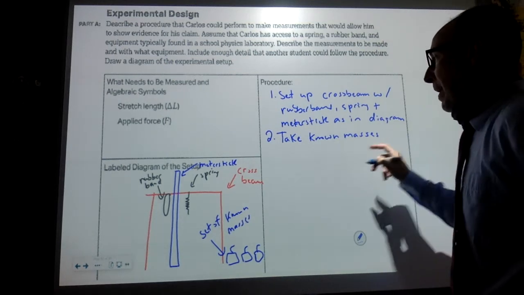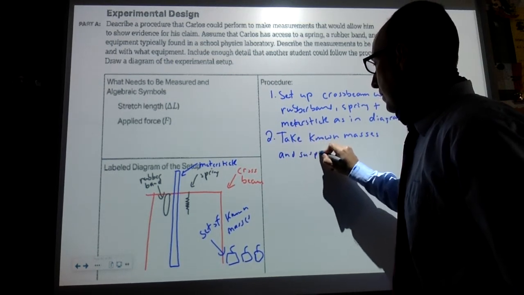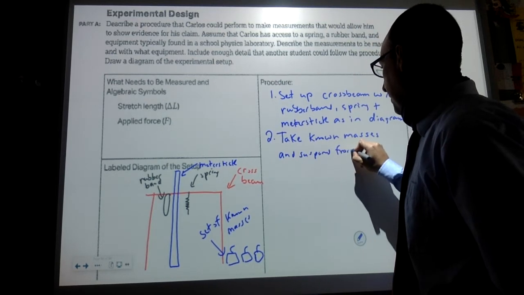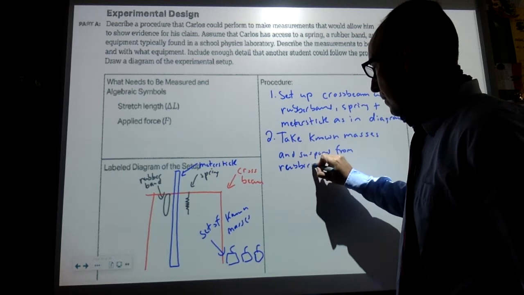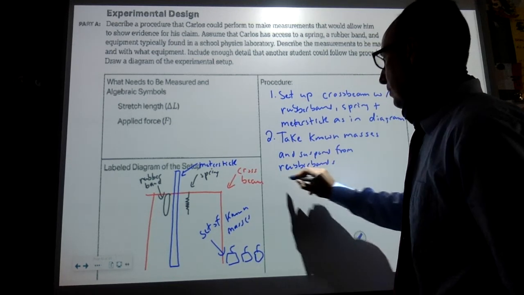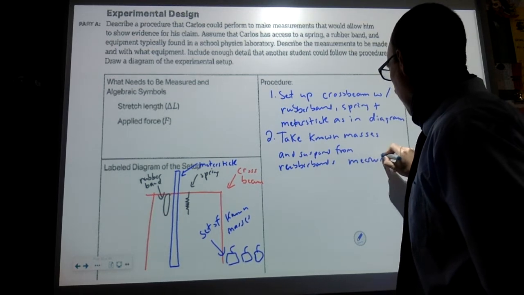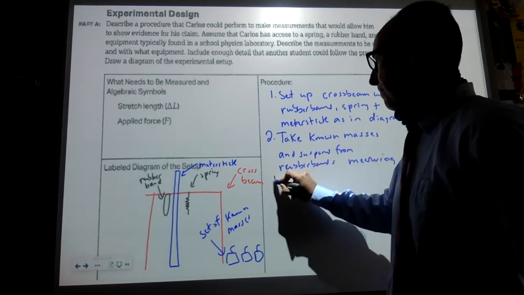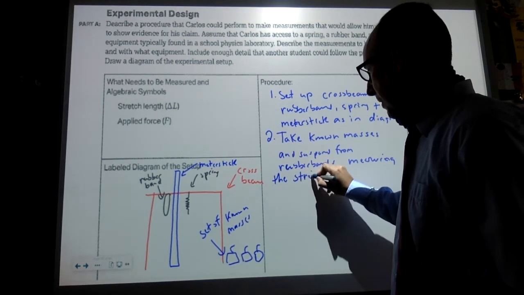All right, so I'm going to take known masses and suspend from the rubber band, measuring the stretch length.